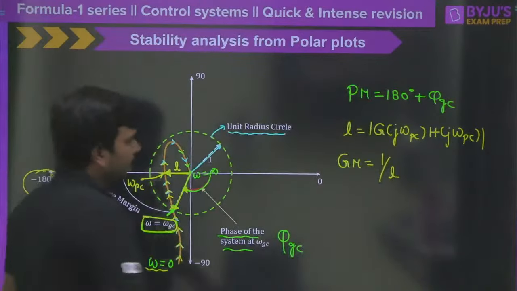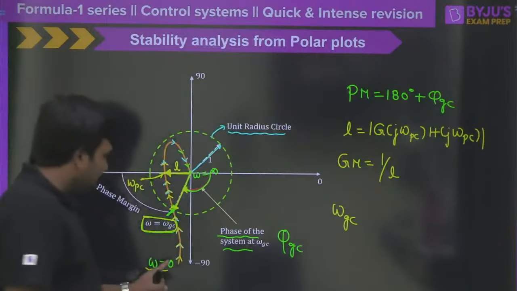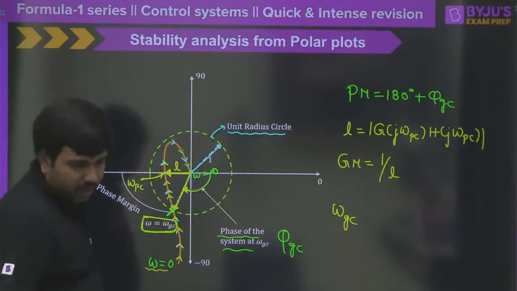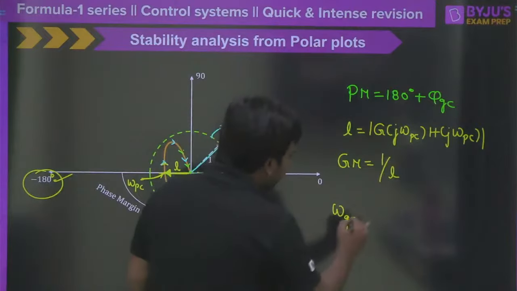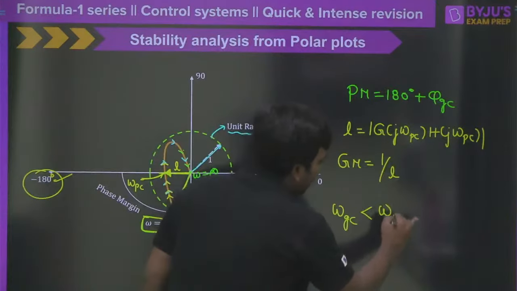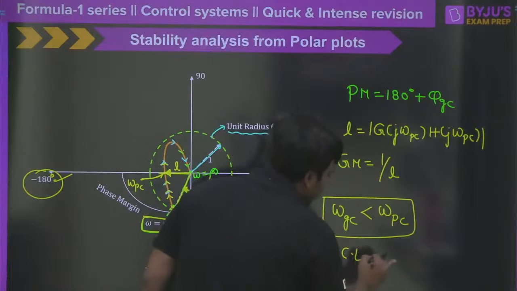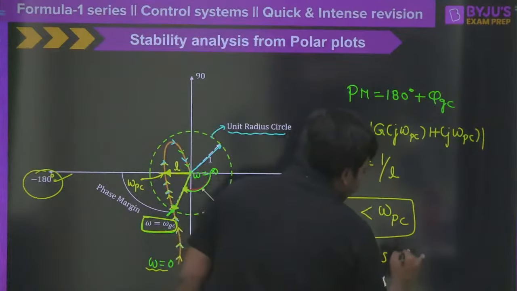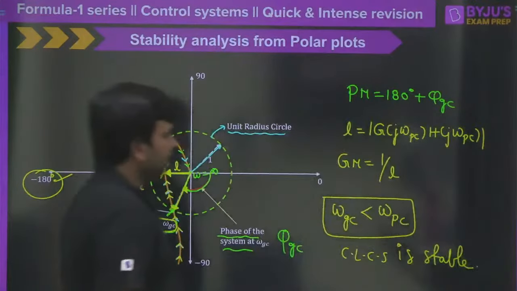From this logic, in this case, omega GC is coming first when I am changing from 0 to infinity, right? So therefore omega GC is less compared to omega PC. Very good, excellent, Pranit, right? Therefore I can say the closed loop control system is stable. Clear? It is going to be stable.